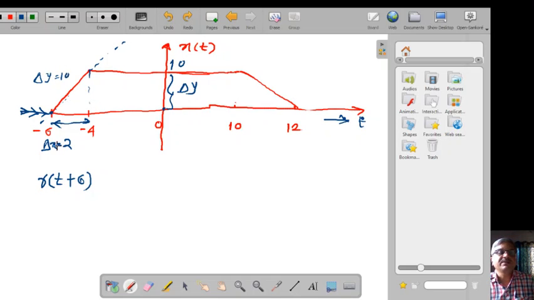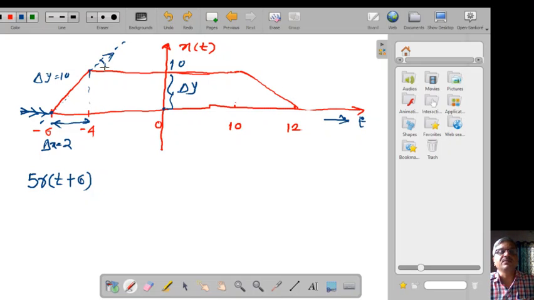So my slope, delta y divided by delta x, is 10 divided by 2, which is 5. So this is 5 r of t plus 6, the mathematical expression of this ramp, which is starting at -6. Now this ramp will be going with this slope plus 5 in this upward direction.